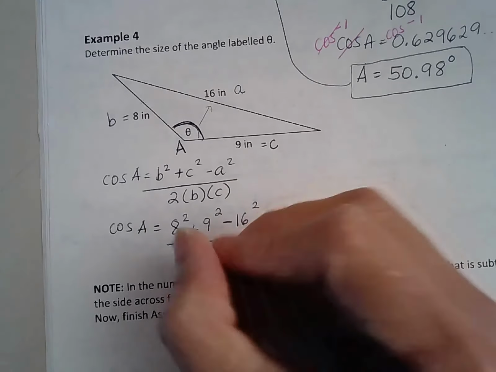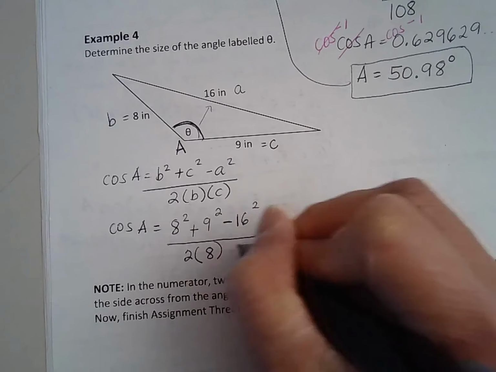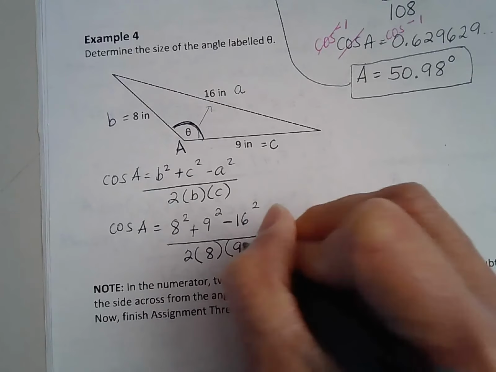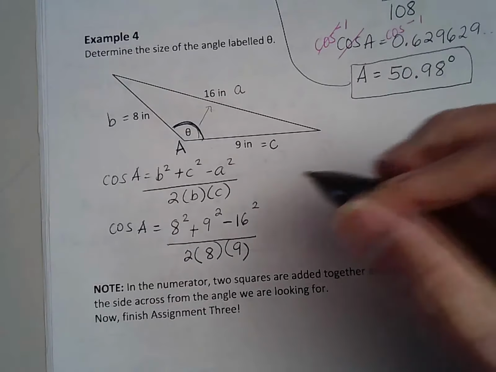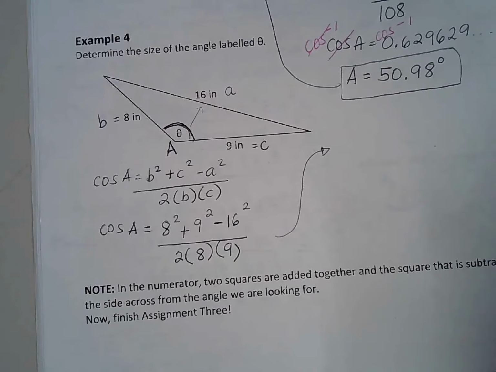And then the denominator is 2 times b, which is 8, times c, which is 9. I'm running out of room, so I'm just going to go back up here.